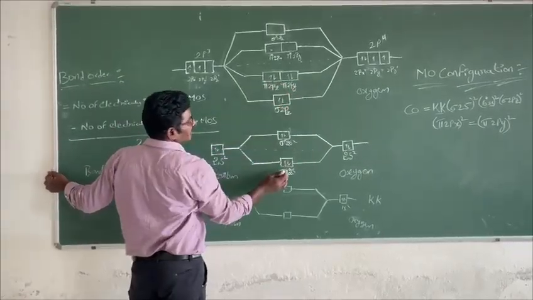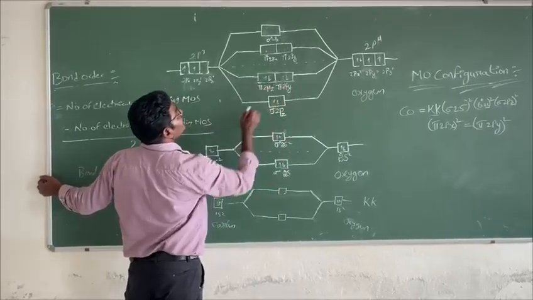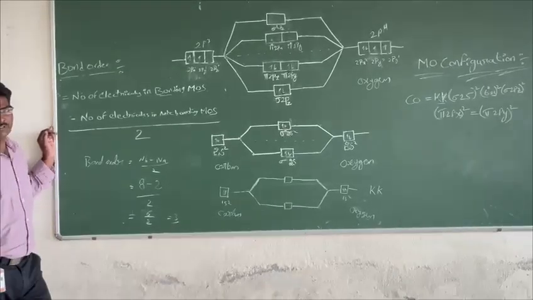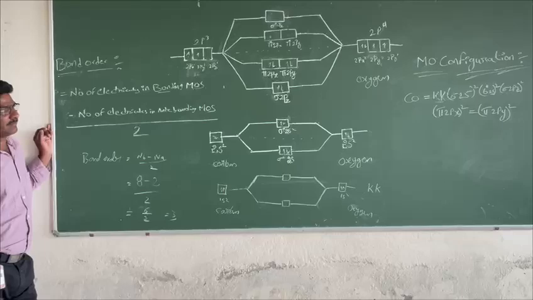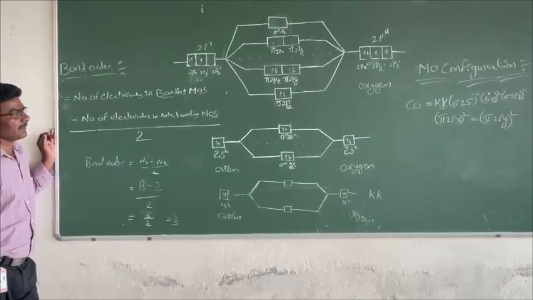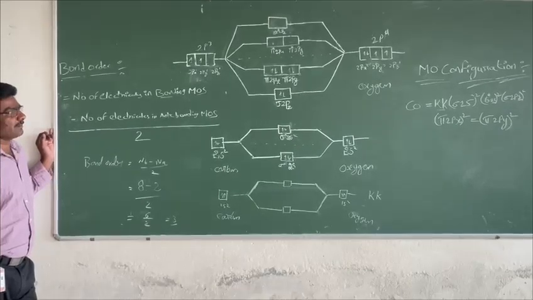All are paired electrons only: here a pair, here a pair, here a pair, here also a pair of electrons. A molecule having paired electrons is supposed to be diamagnetic. If there are unpaired electrons, it is paramagnetic. Here there are no unpaired electrons, only paired electrons are present. So the CO molecule is diamagnetic.